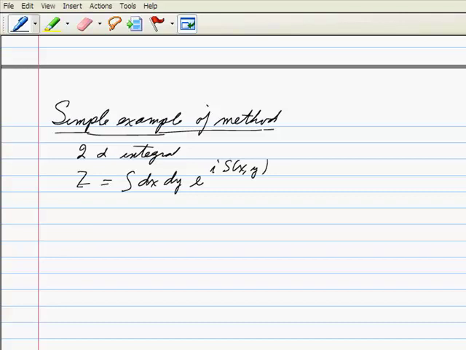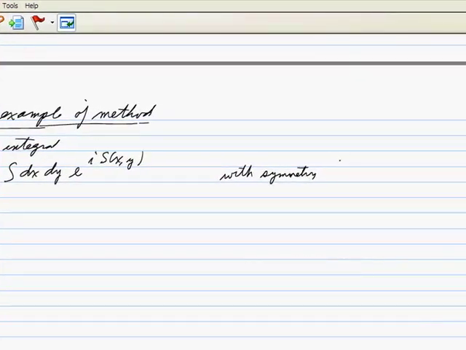But we're going to have a symmetry: S of x and y is radially symmetric, just a function of the radius.